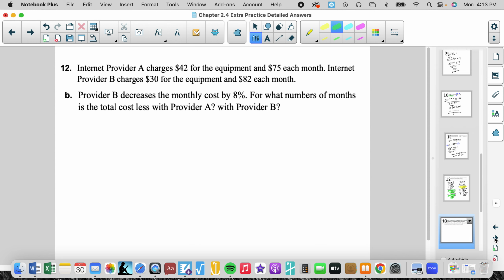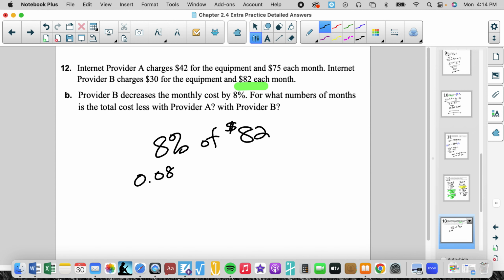Provider B decreases the monthly cost by 8%. So how do we find 8% of $82? There's a number of ways we can do this. The easiest way is 8% is 0.08 as a decimal.